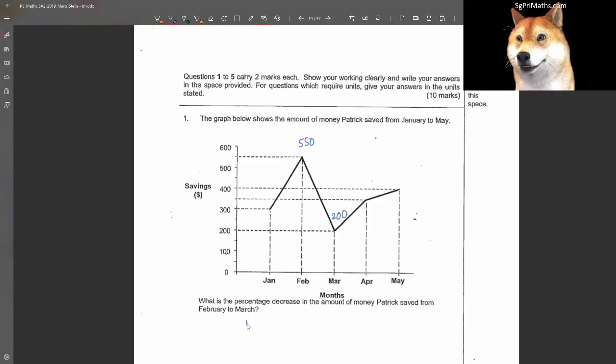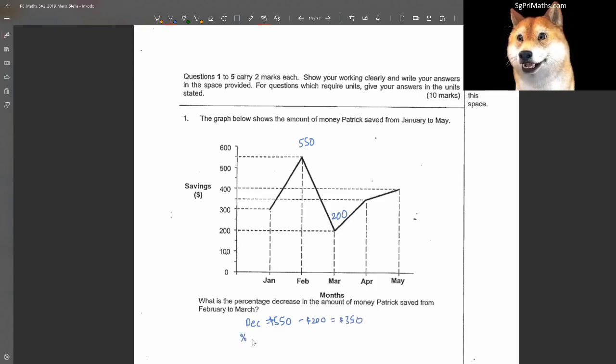So we find the decrease first, which equals $550 minus $200, which gives you $350.